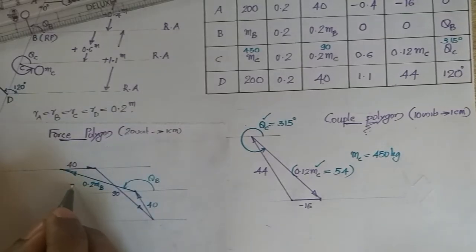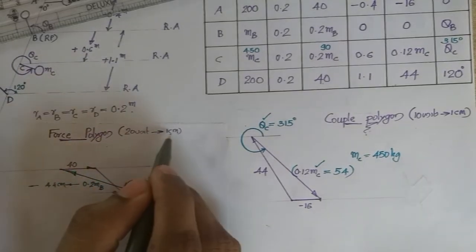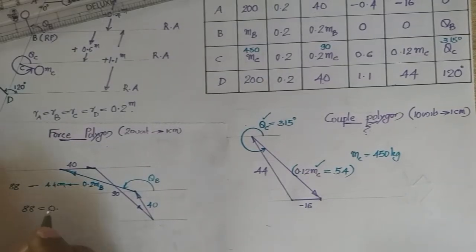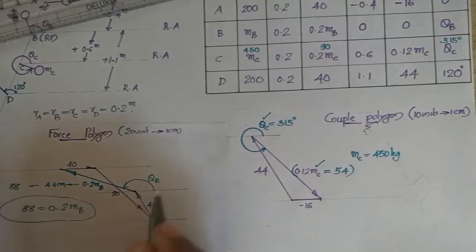If you are measuring 0.2 MB from this diagram, this will be coming to a scale of 4.4 centimeter. If you are converting 20 units representing 1 centimeter, then 4.4 centimeter will be representing 88 units. That means 88 is equal to 0.2 MB. From this you can solve for MB, and measuring this orientation you can obtain the value of theta b.